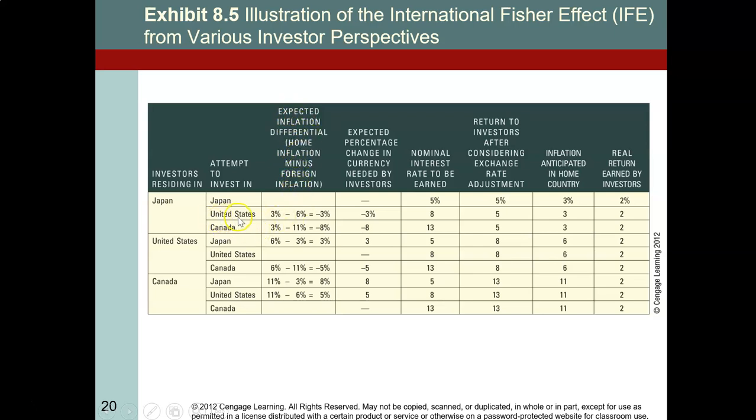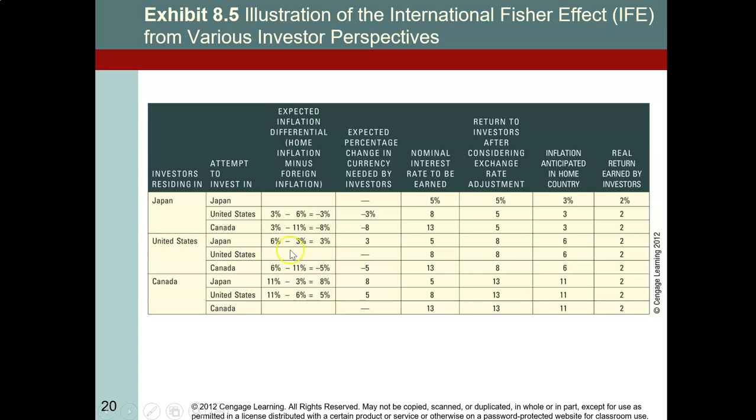For investors in Japan trying to invest in the US, the home inflation rate is 3% for Japan, minus the US inflation rate of 6%, so the difference is negative 3%. And for investors residing in Japan trying to invest in Canada, the difference in inflation rate is negative 8%.